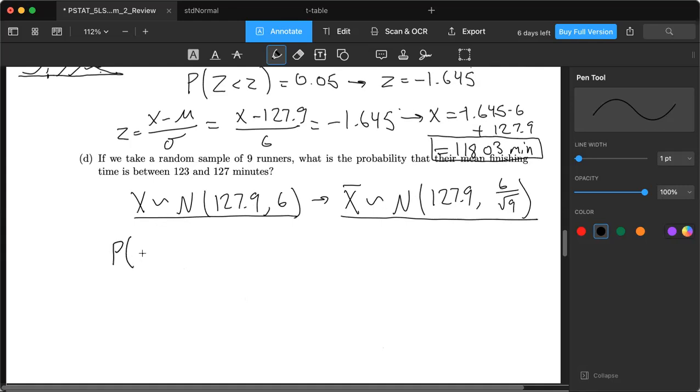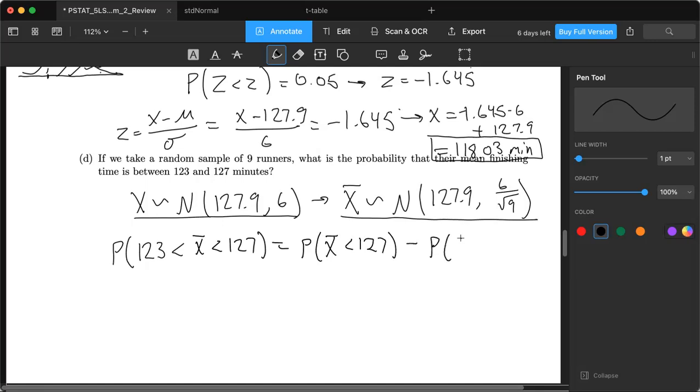The probability that X bar is between 123 and 127 is equal to the probability that X bar is less than 127 minus the probability that X bar is less than 123.